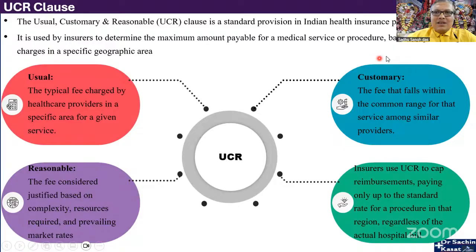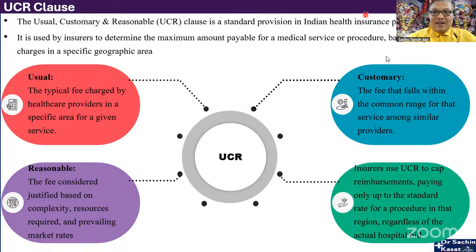Customary means the fee falls within the common range for that service among similar providers. So a common range is mentioned now in customary. Usual will be the typical fee, and customary is within a range, because it is not necessarily the same provider, right?